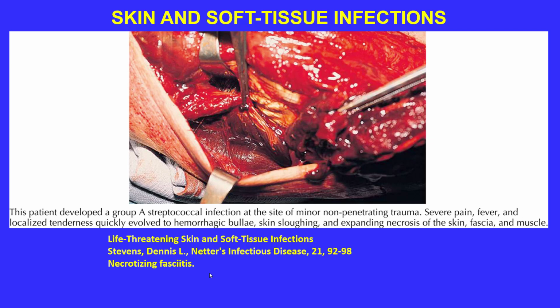And so what you have is deep pain, fever, and localized tenderness quickly evolved to hemorrhagic bullae, skin sloughing, and expanding necrosis of the skin, fascia, and muscle. So they've got to go in and remove some of the damaged tissue. If they don't, then this is going to kill the patient. When we say necrotizing, basically at this point, this infection is starting to kill off some of the tissue. Okay?